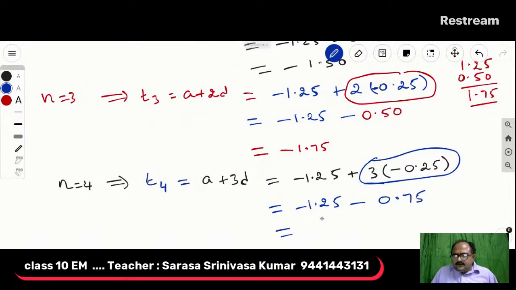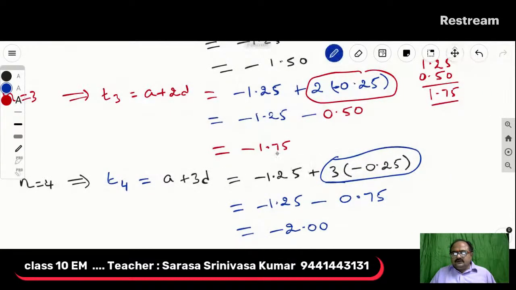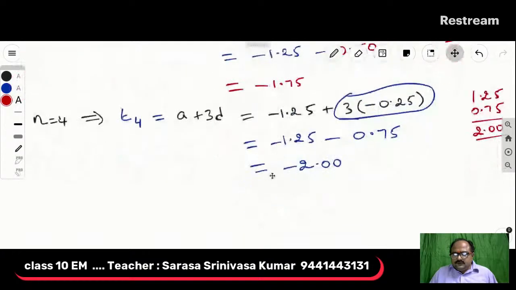So this is equal to minus 2.00. We write this calculation here: 1.25 and 0.75. On adding these two, we get 2.00. So we have calculated.